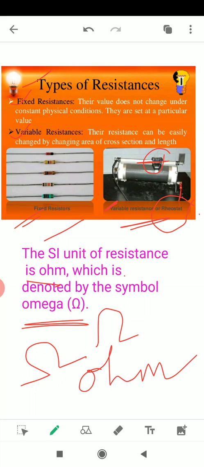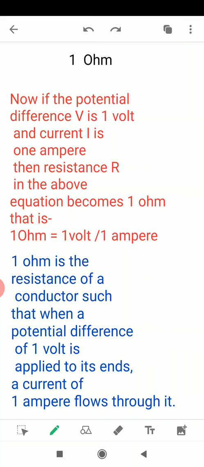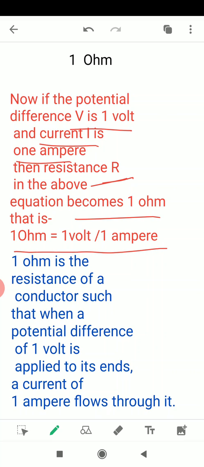Now let us understand more about ohm. What is 1 ohm? If the potential difference V is 1 volt and the current I is 1 ampere, then resistance from the above equation becomes 1 ohm. In simple words, 1 ohm means the potential difference is 1 volt and the current flowing through the conductor is 1 ampere.